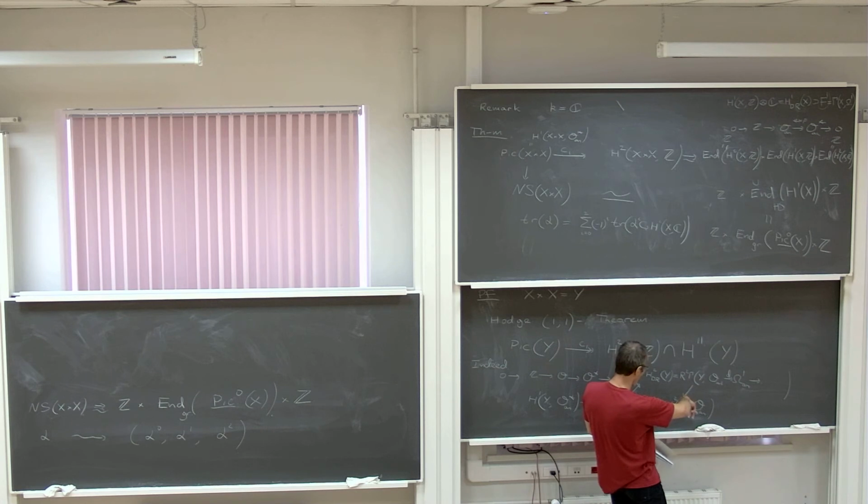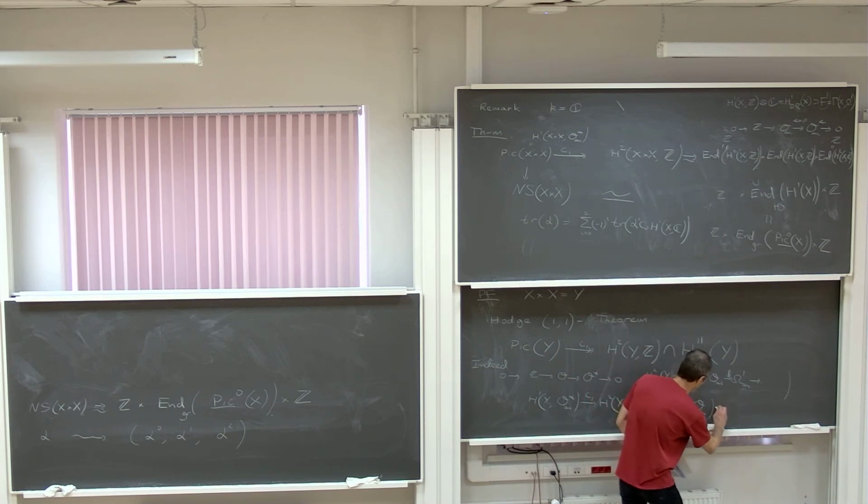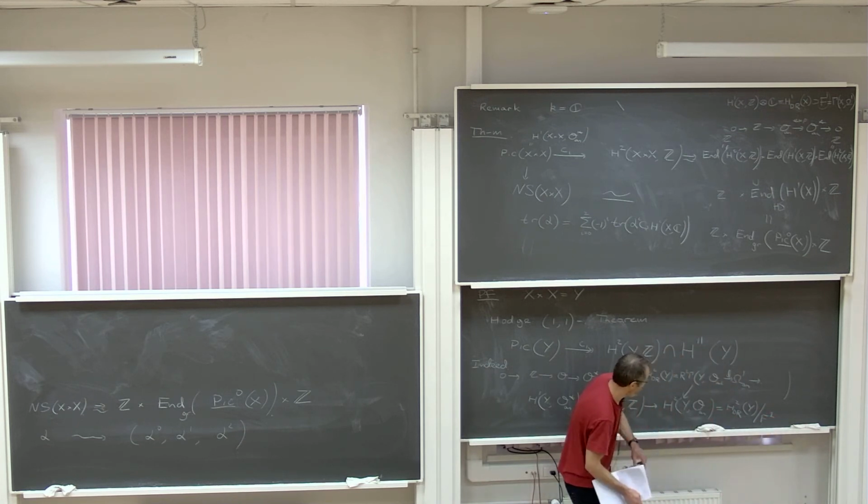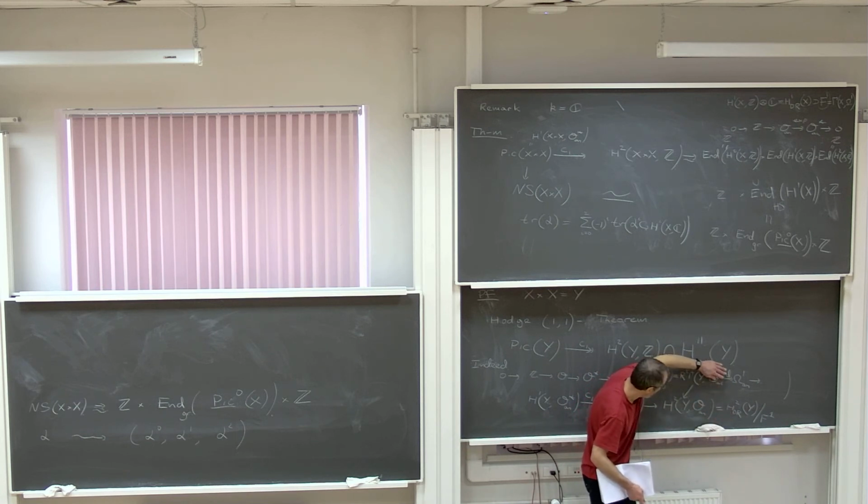So this map, by the Hodge theorem, is surjective, and the space can be identified with de Rham homology of Y modulo F1. Right? So F1 is defined as homology of this subcomplex, where you put 0 here.